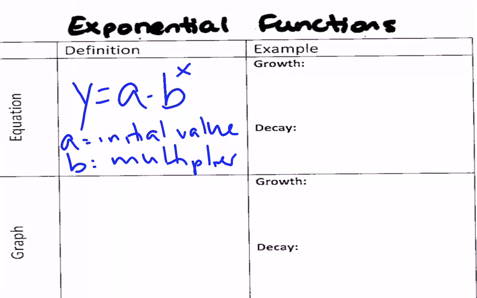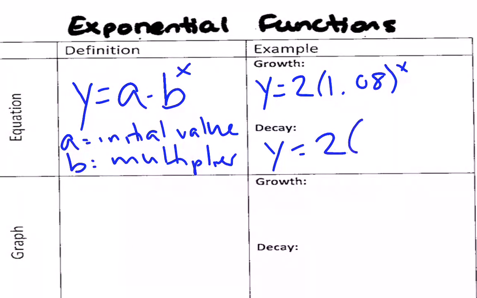So an example of exponential growth would be y equals 2 times 1.08 to the x. Exponential decay would be like y equals 2 times 0.8 to the x.